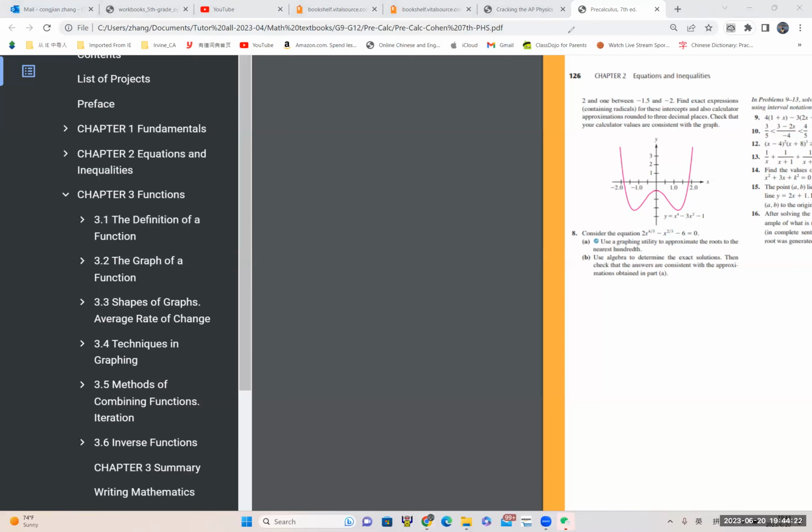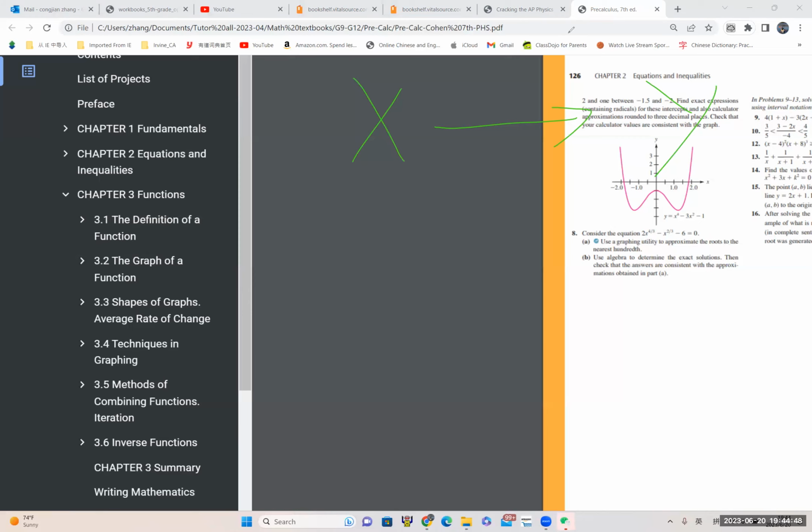Let me quickly show it. First, we have a relation, which means two variables. If they have a relation, then we call it a relation, like your age changes as time changes. Then we say your age is a function of time. So first we have relation.